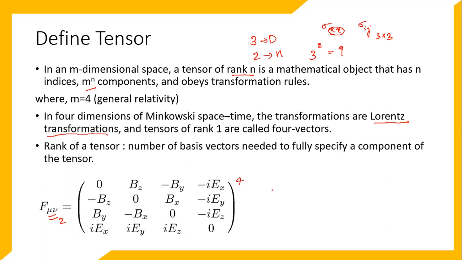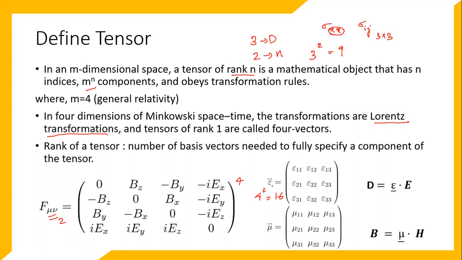So it will have 4 to the power 2 components, that is 16 components. Even though it was a 4-dimensional space, it had only rank 2. So here is an example for Minkowski space.